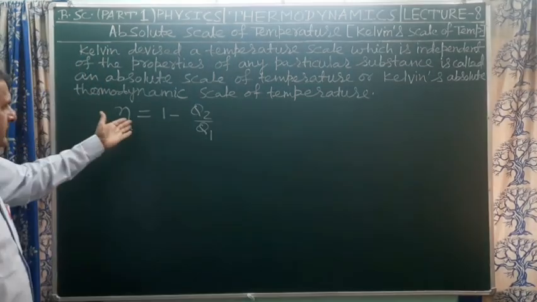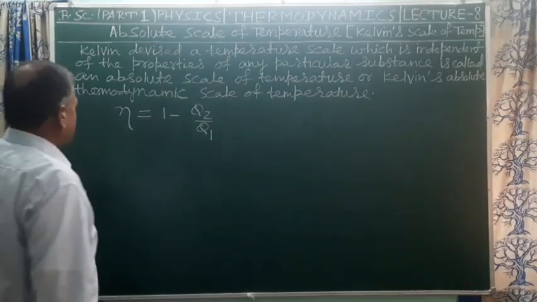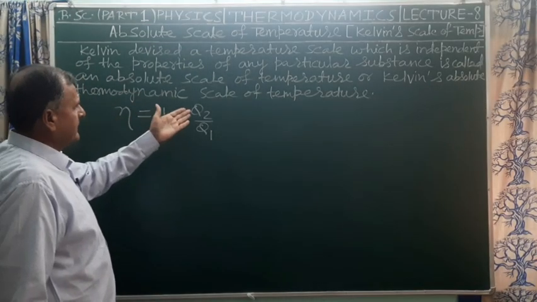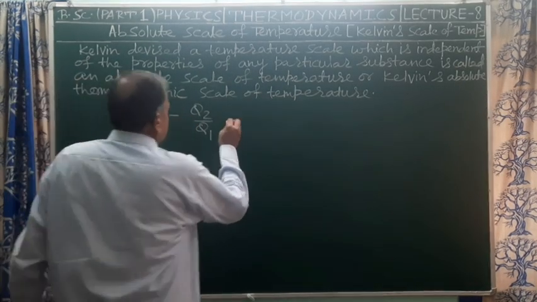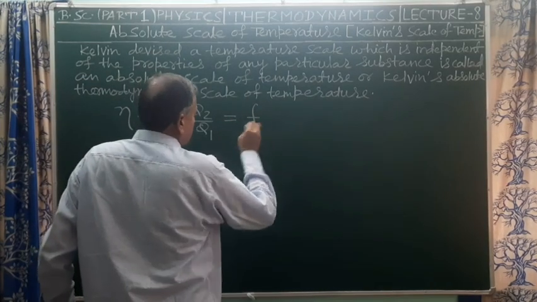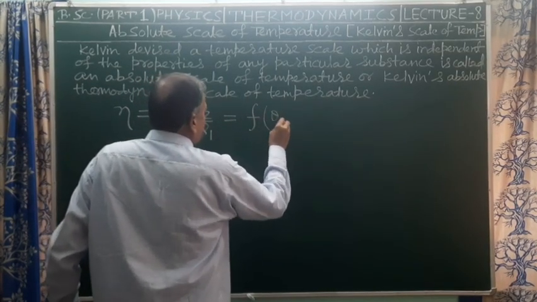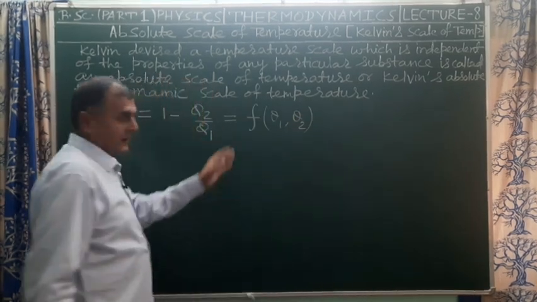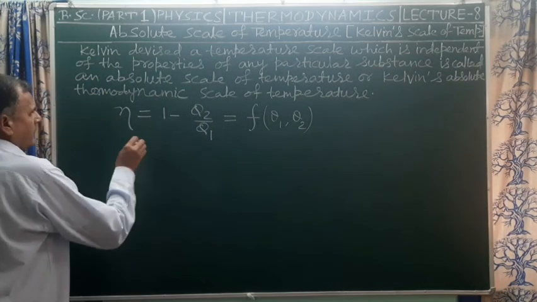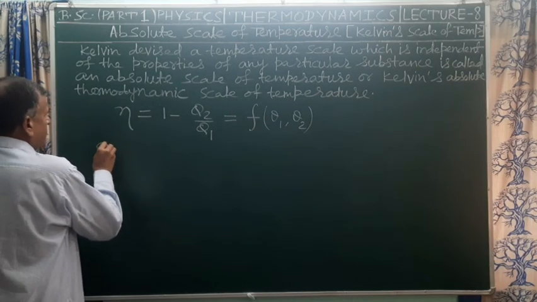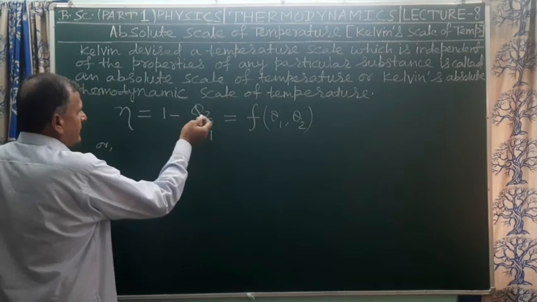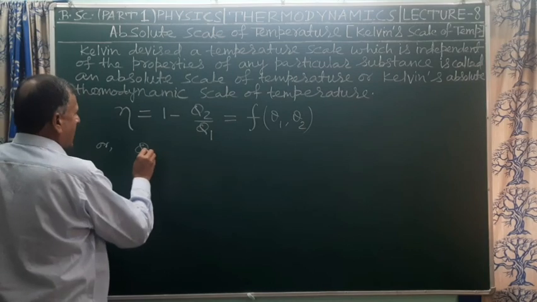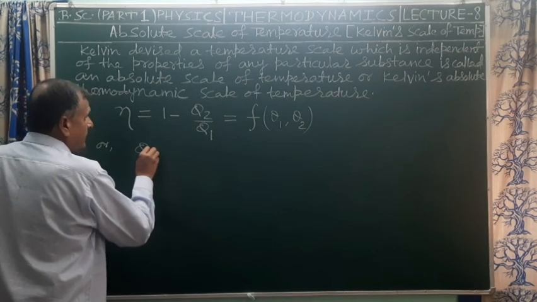So the efficiency of that reversible heat engine, eta equals 1 minus Q2 upon Q1, is a function F of temperatures θ1, θ2.